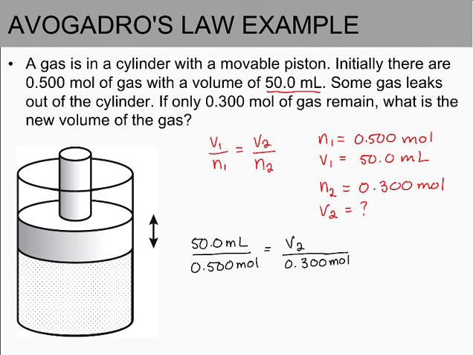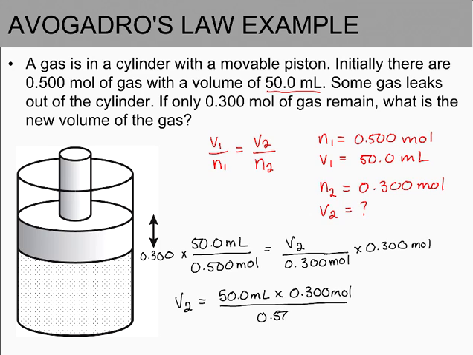Okay, so now we just need to do some rearranging. So we're going to multiply both sides by 0.3. So that will cancel on the right. All right, so now V2 is equal to 50 milliliters times 0.3 moles divided by 0.5 moles.